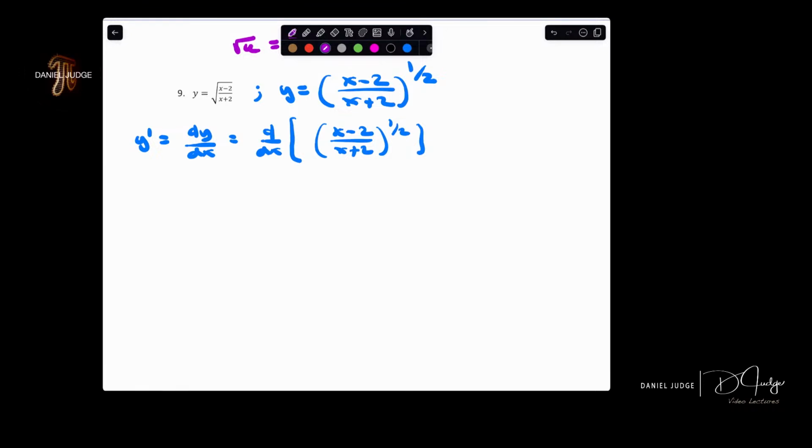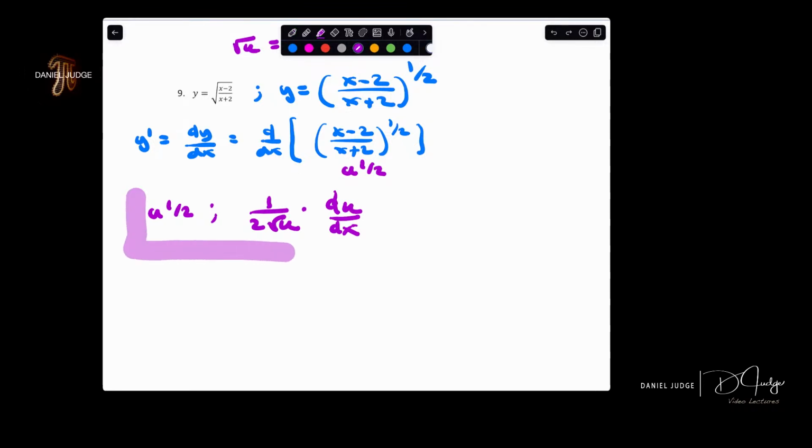This again is u to the 1/2. So if I have to differentiate u to the 1/2, we're talking again power rule with chain rule. So remember that nice formula I gave you guys, times du/dx, where this is my u again, and you guys can see that there. Now combined with chain rule, there you go.